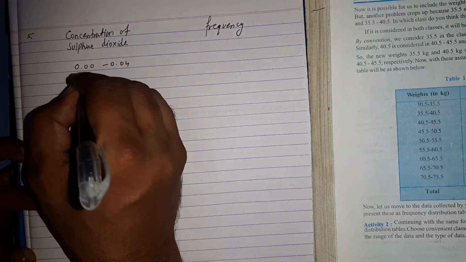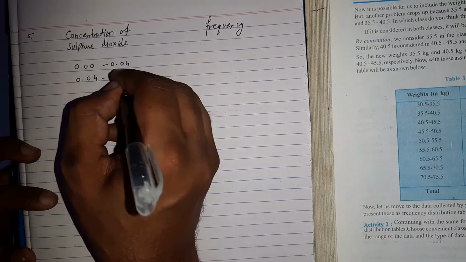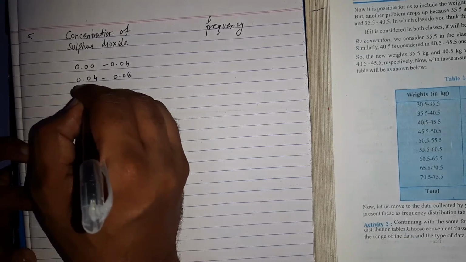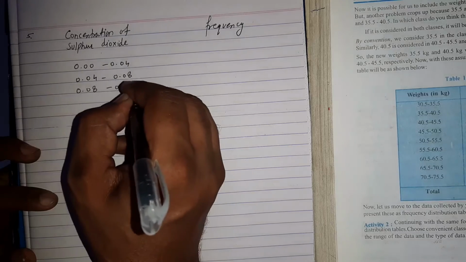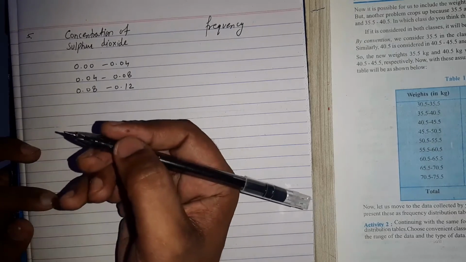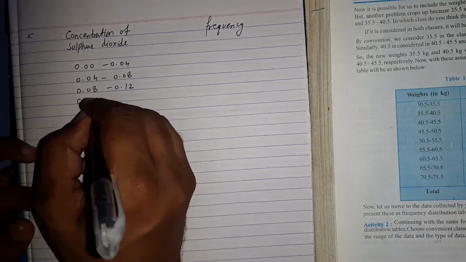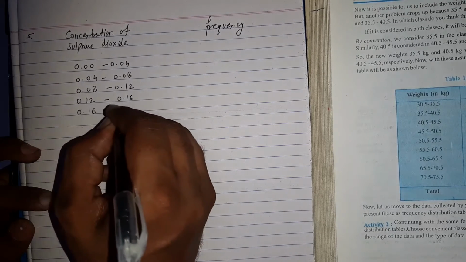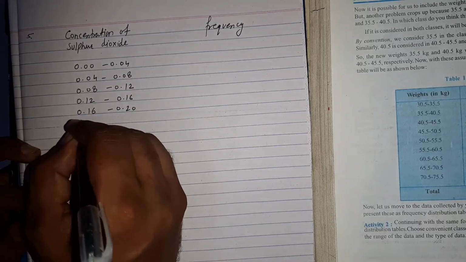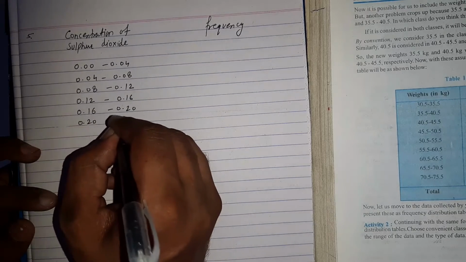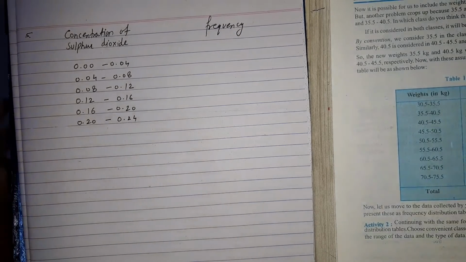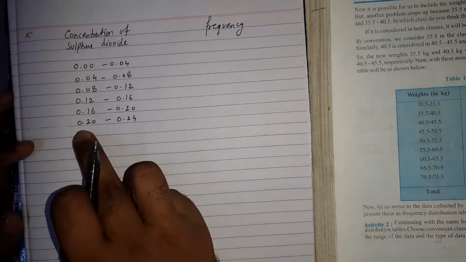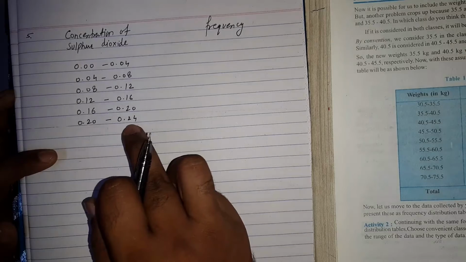The next class interval will be 0.04 to 0.08. The next will be 0.08 to 0.12. Class size it is same. 0.12 to 0.16 and 0.16 to 0.20, and the last class interval will be 0.20 to 0.24, because the maximum observation, or you can say the highest observation, it is 0.22. So the last class interval will be 0.20 to 0.24.